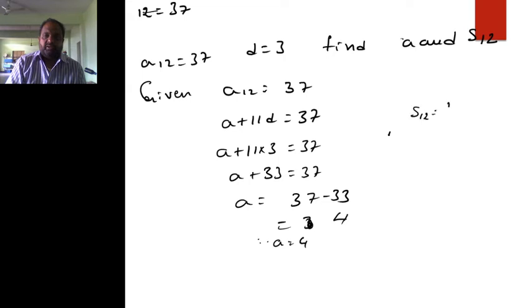S12 is equal to 12 by 2 into (2A plus (n minus 1) into D).